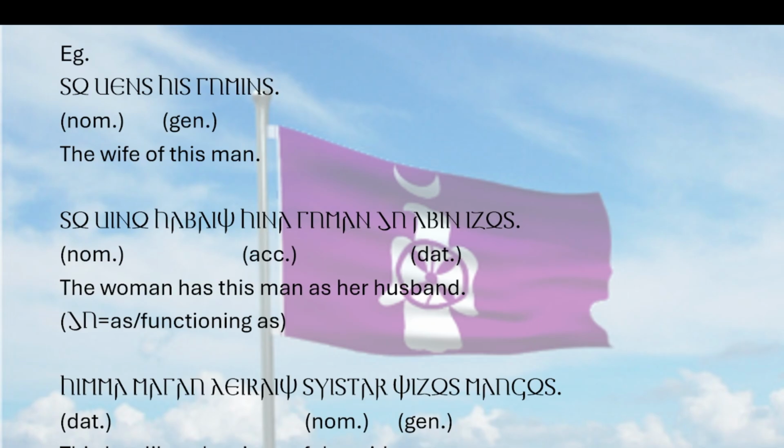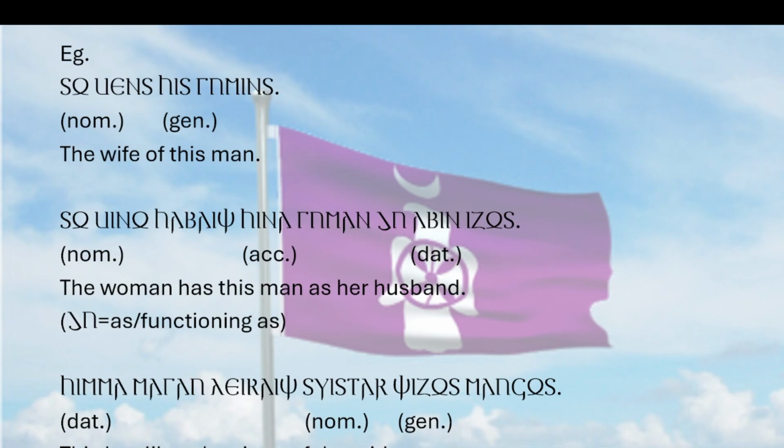We've previously learned the word do can mean to, as in directional movement, and the noun which comes after the preposition do would take the dative case. In this case, do functions as the word as, in functioning as. So as her husband, having this man as her husband, and the noun which comes after do in this case is also in the dative case.